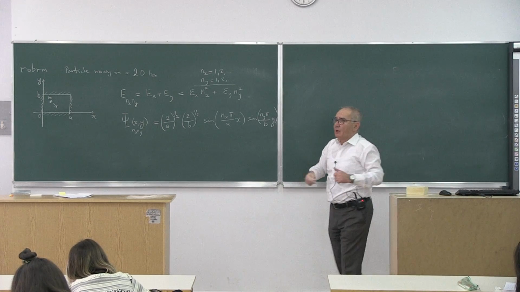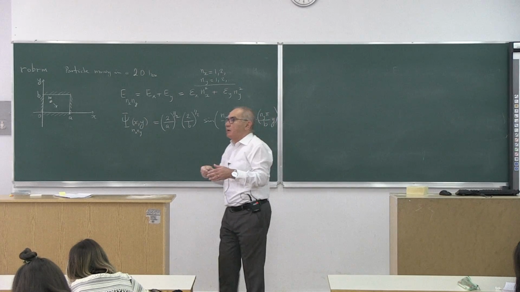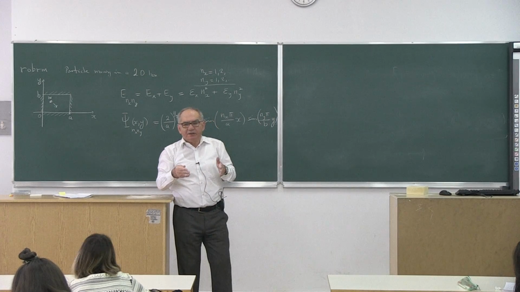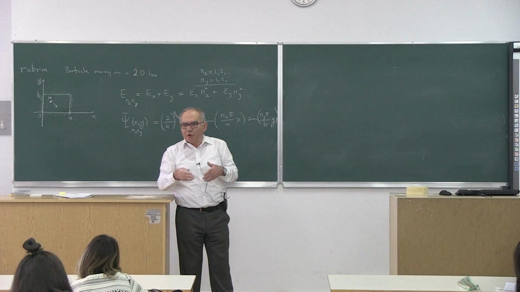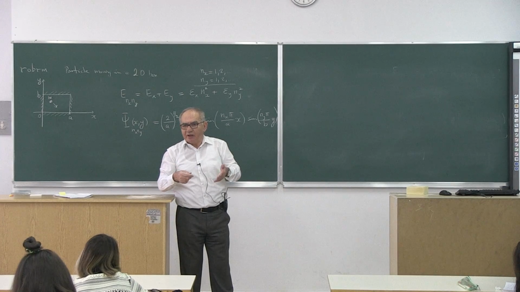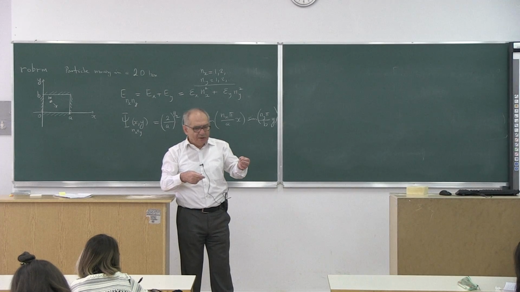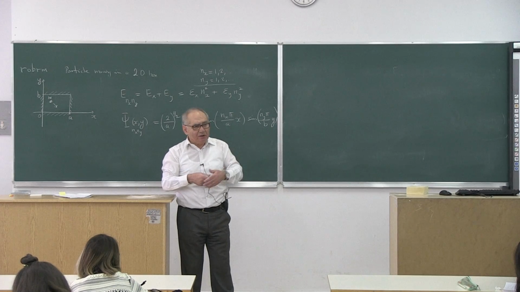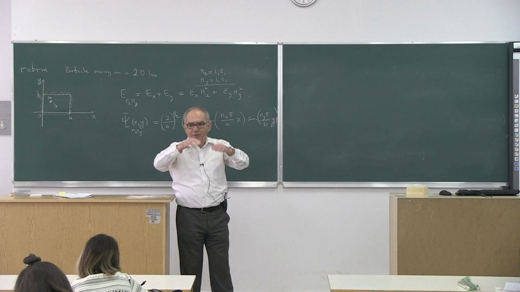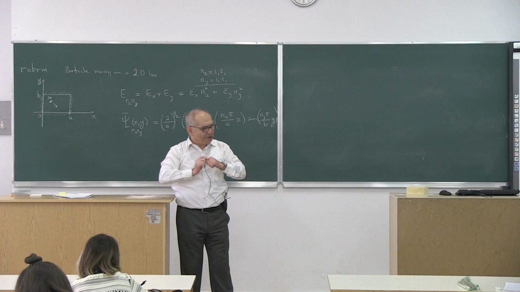Now, let us make it more concrete. What is the ground state energy for such a particle? What is the definition of ground energy level? Lowest possible energy, isn't it?